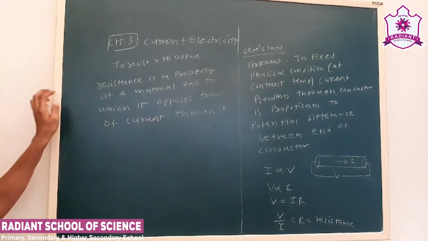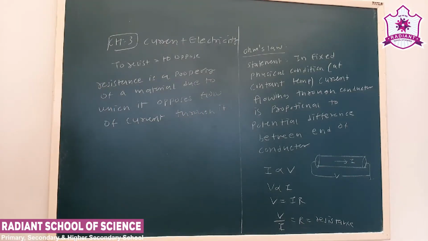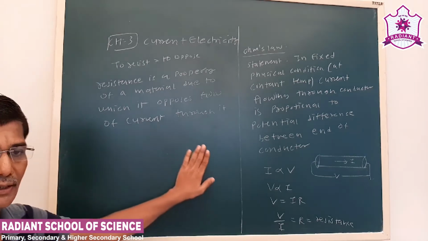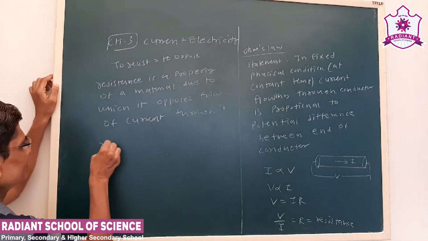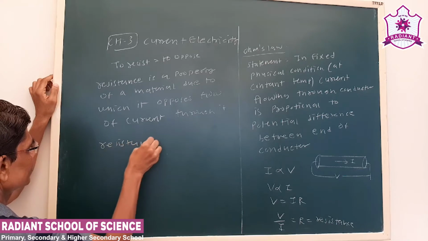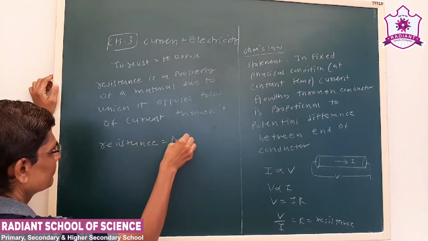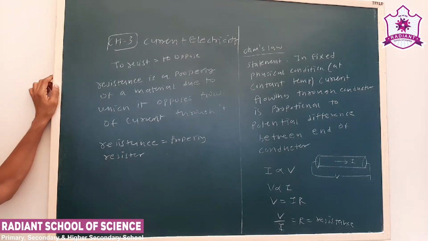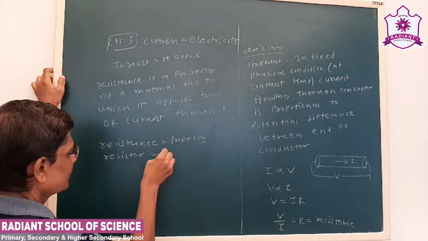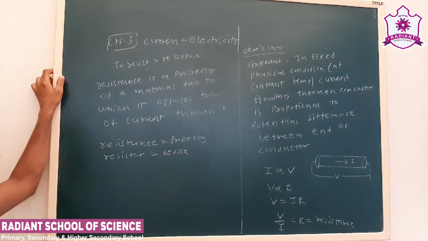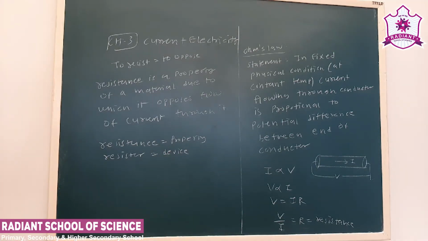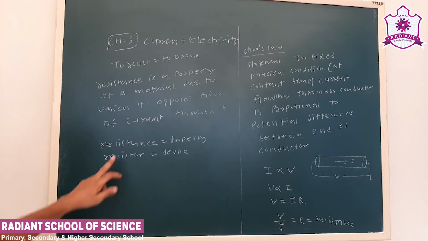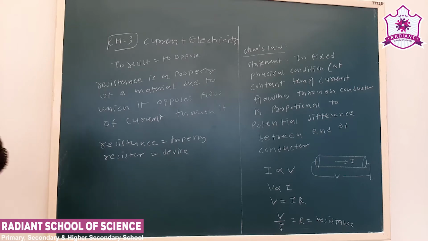Okay, again see, the resistance is a property of a material due to which it opposes the flow of electric current. See, the word resistance is a property, and the resistor that we are going to study in detail is a device. We have to remember, resistance is a property, resistor is a device.